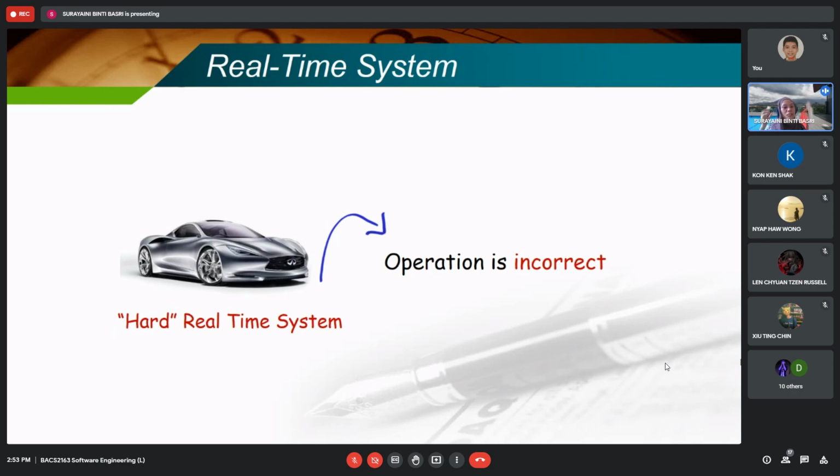It must get the stimulus or trigger in the specified time. If not, it will definitely error immediately. And another example is the life support system, like the software used in medical or in clinics to check the heartbeat.